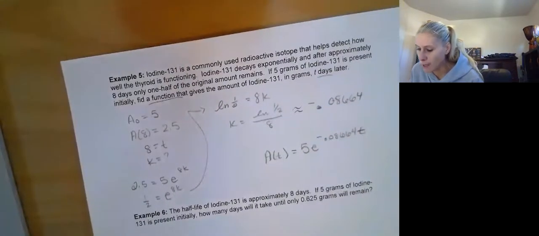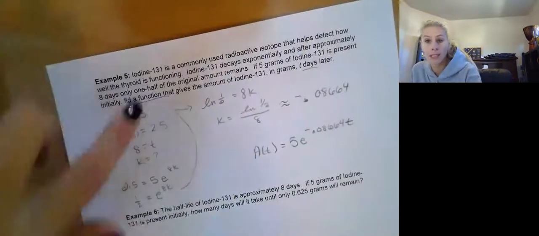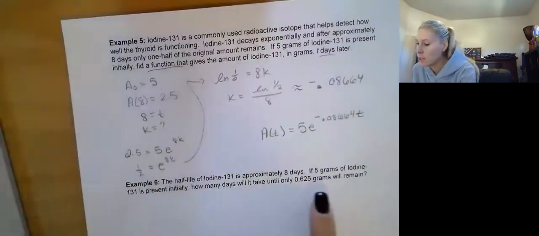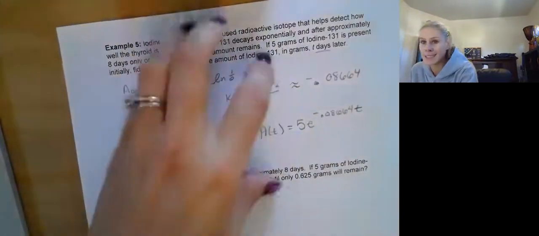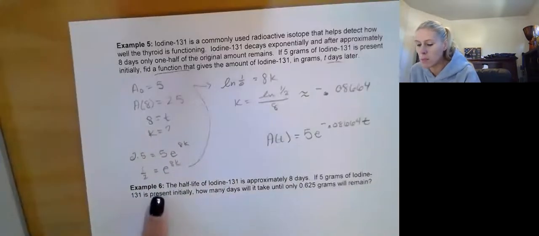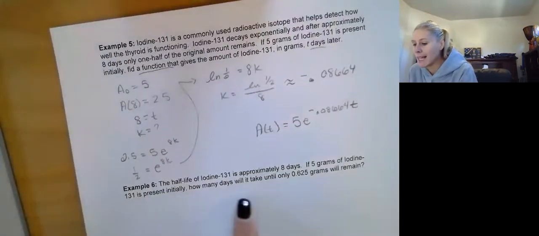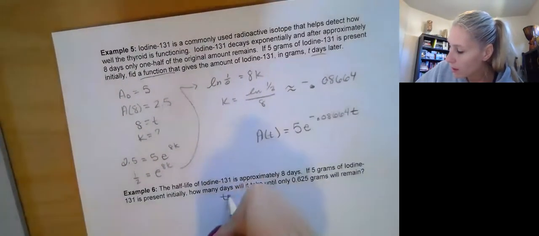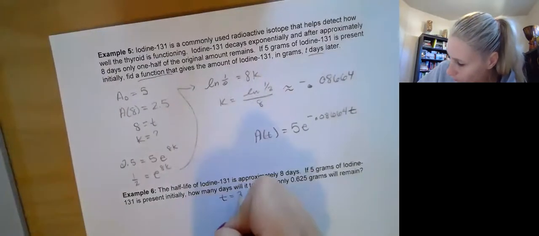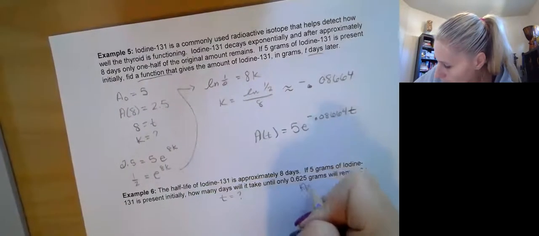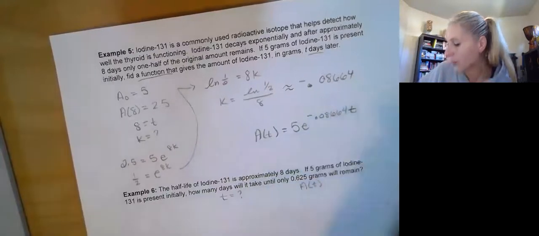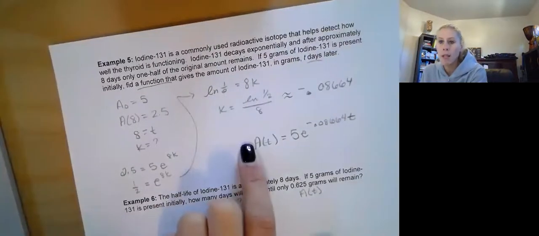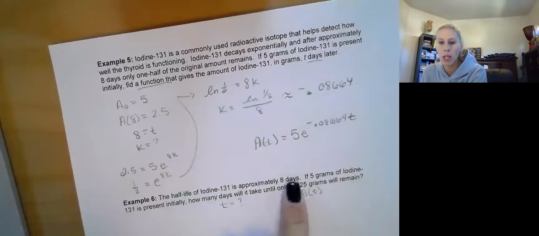If the half-life of iodine 131 is approximately 8 days, so there's a connection between these two guys, right? If 5 grams, so it's the same problem, of iodine is present initially, how many days will it take? Okay, so in this case, we are using the equation we just got up here to help us figure out how much time it will be to get to 0.625.